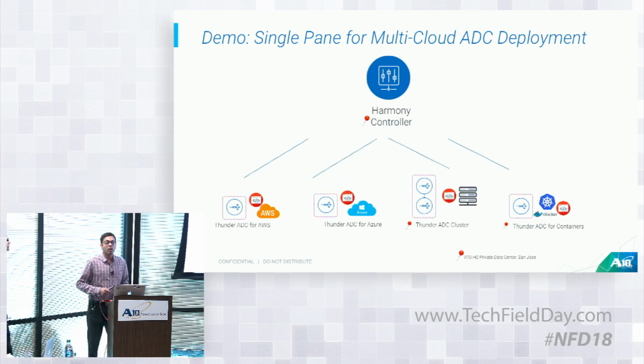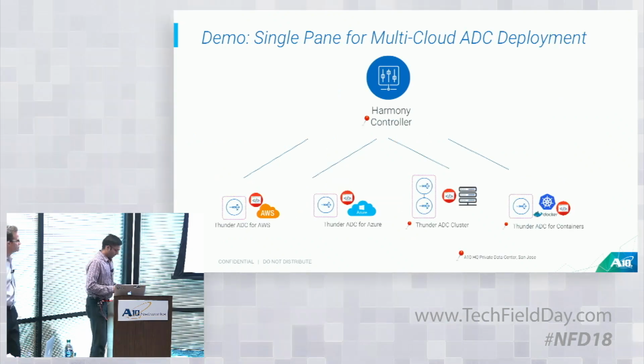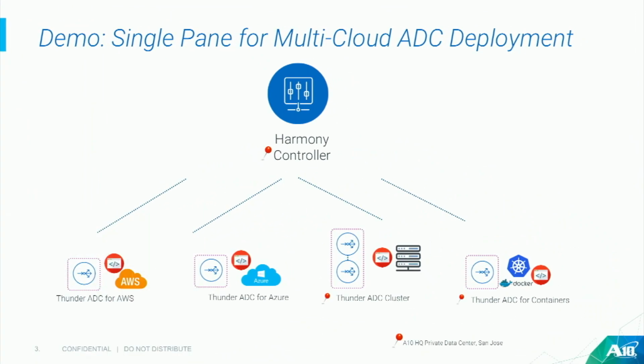This is an overview of the demo that we have today. The Harmony Controller is deployed as software on standard x86 servers, hosted on-premise at our A10 headquarters. We have Thunder ADC for AWS, which is load balancing a few applications in AWS.